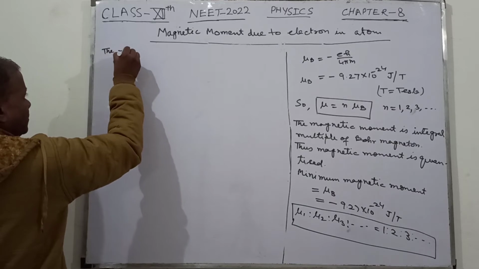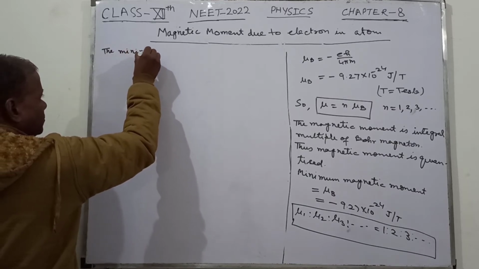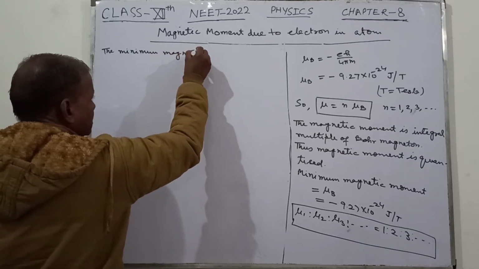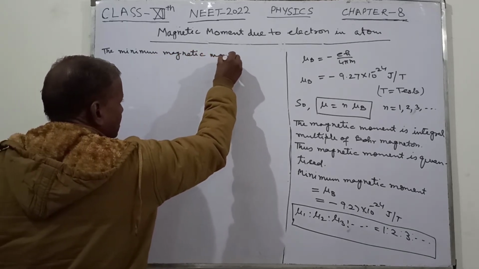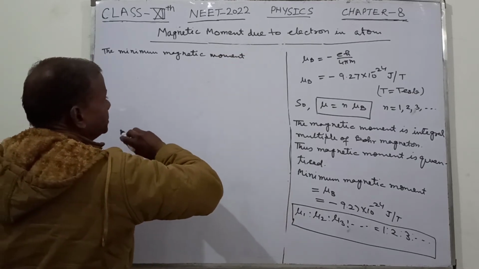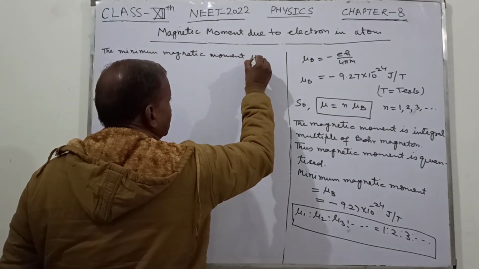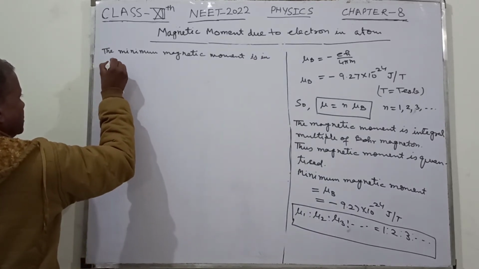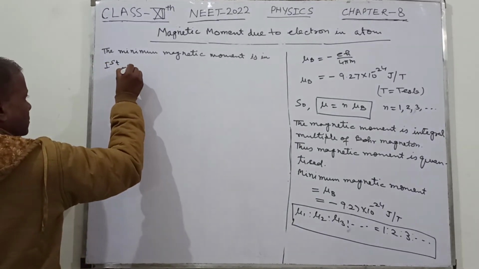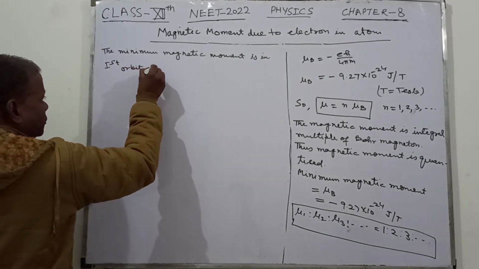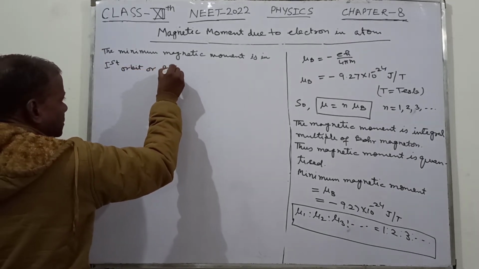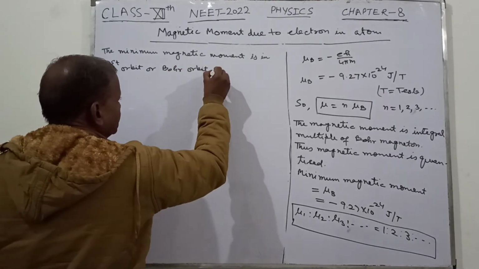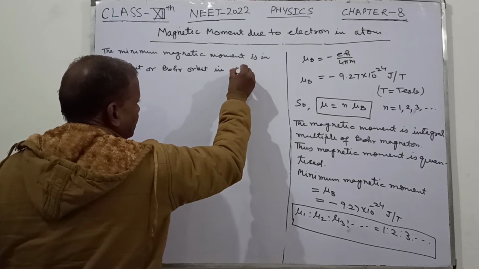The minimum magnetic moment is in the first orbit, or Bohr orbit, in the atom.